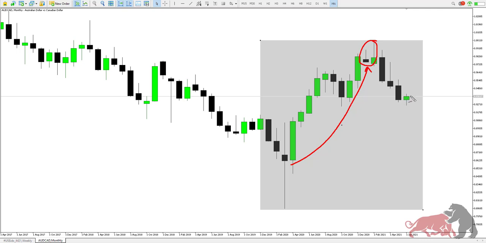So now we are in June. So this is June, May, April, March, February and January. So up until December 2020, Aussie dollar was strong bullish. It had a very huge momentum going to the upside.